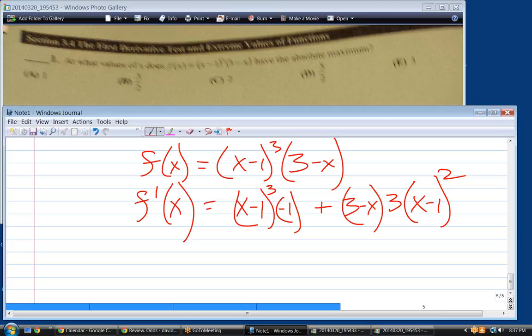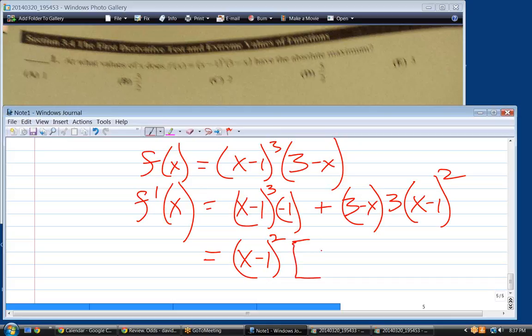Where is the absolute maximum? Is there an easier way to look at this? Yes. Let's factor out an (x minus 1) squared. I think that'll make it easier.